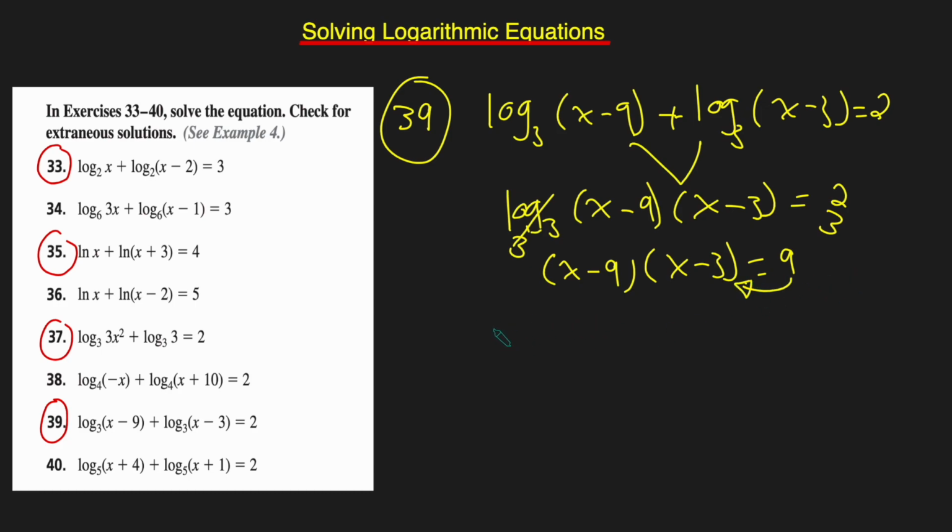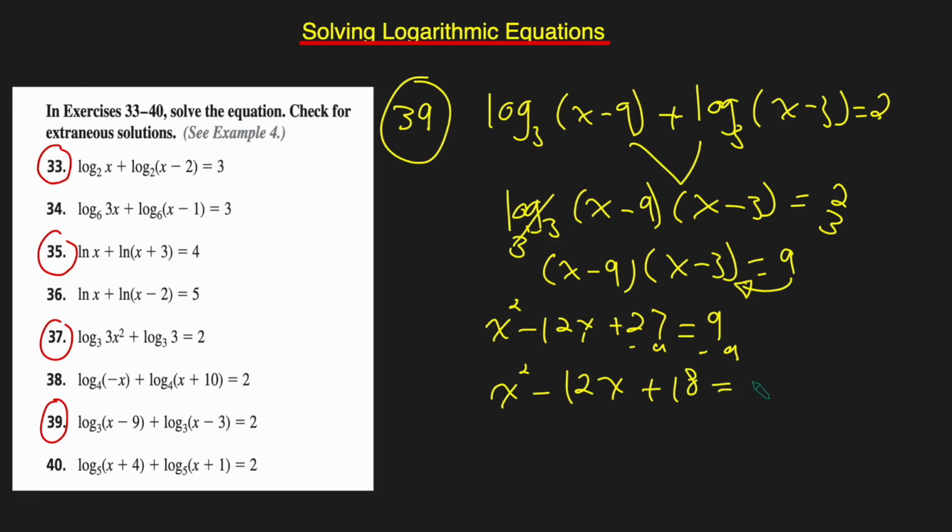So that's going to give me x squared minus 12x plus 27 equals 9. I'm going to bring my 9 inside, minus 9, and I'm going to end up with x squared minus 12x plus 18 equal to 0. This is not going to be factorable.